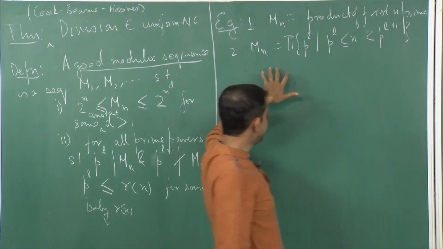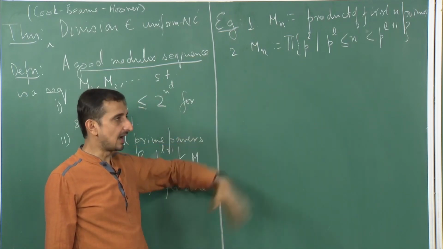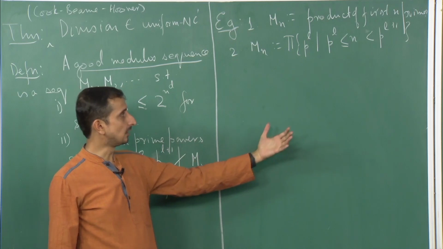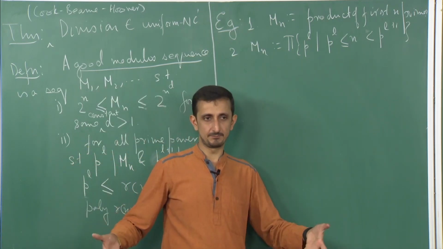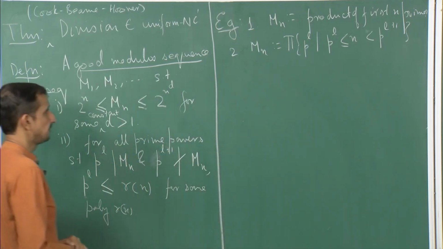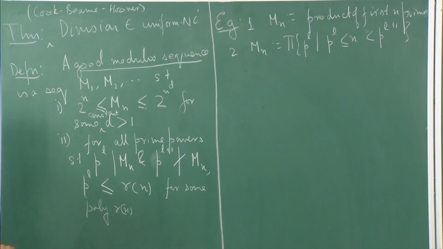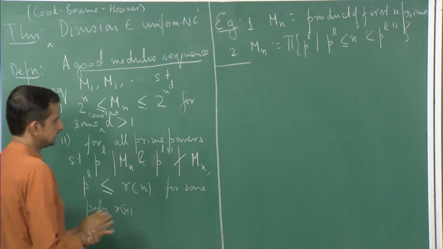So for every prime, look at the highest prime power that is less than or equal to n, and take a product of all these prime powers. This also can be shown to be a good modulus sequence. But anyway, this is just an aside.